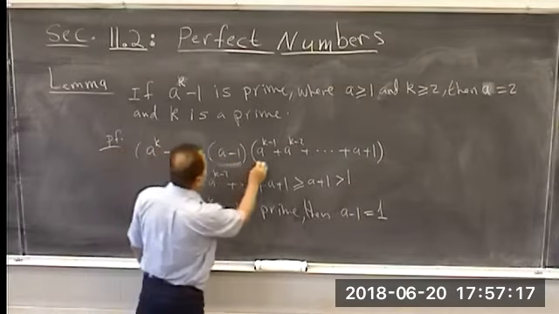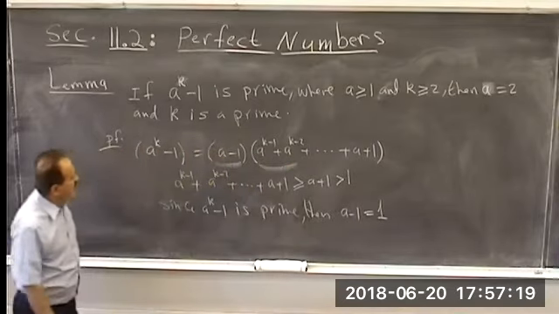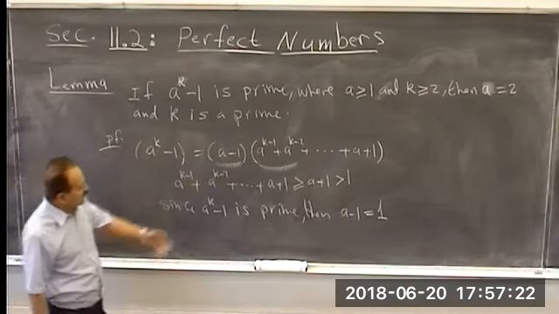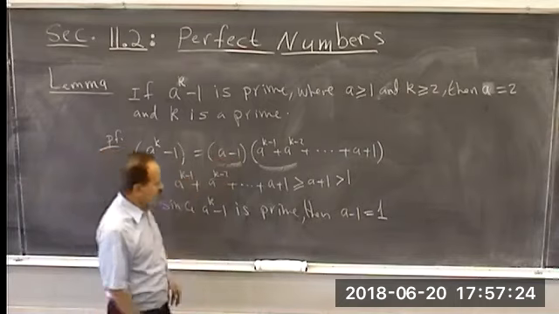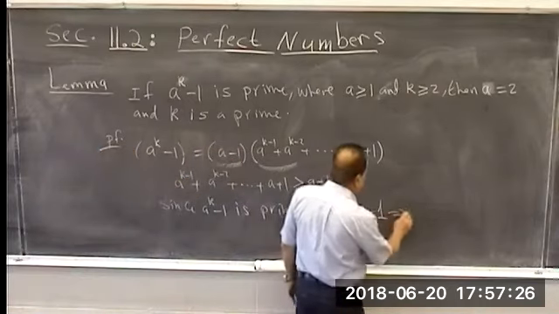So this is a factorization of a^k minus 1, and one factor is bigger than 1, so the other must equal 1, and this forces a to equal 2.